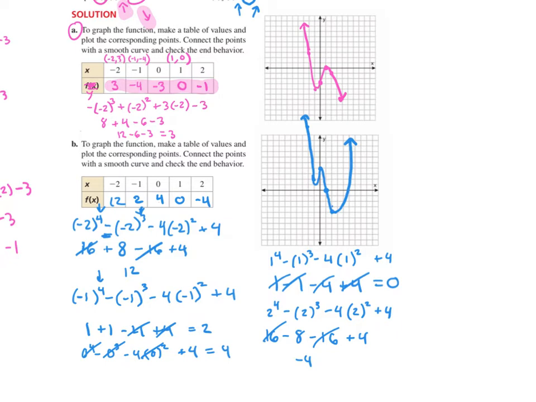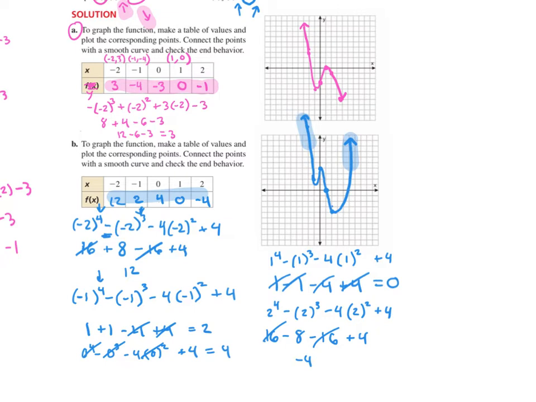So again, this is a rough estimate of what our graph is going to look like. We don't know that it goes back through at this point exactly, but it does go back around and goes back up. So this is just a good estimate of what our graph is going to be. So we need to have these arrows going up, and then we need to plug in our points to see what it looks like.